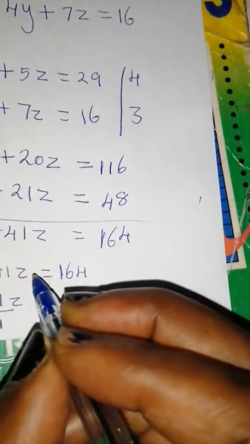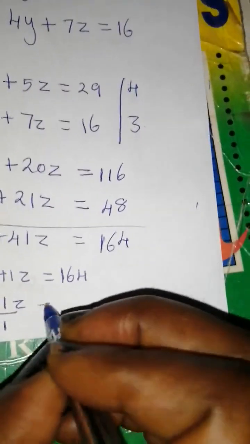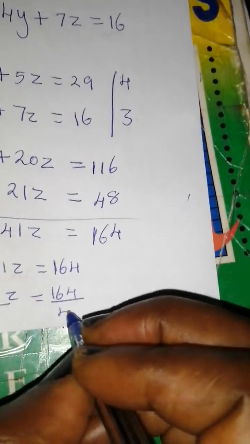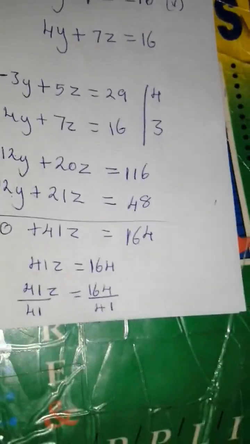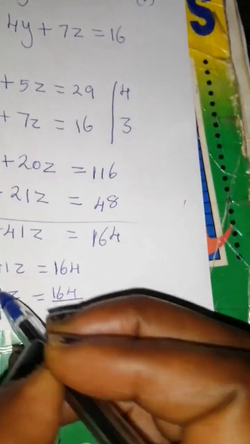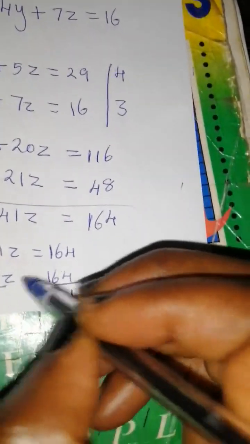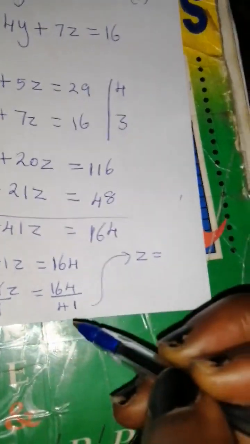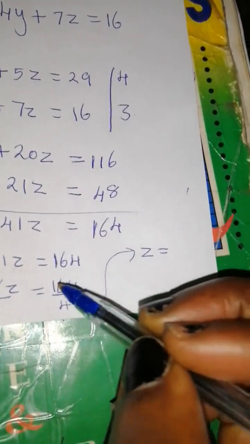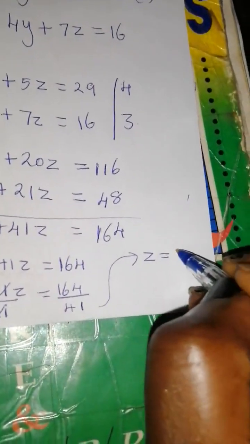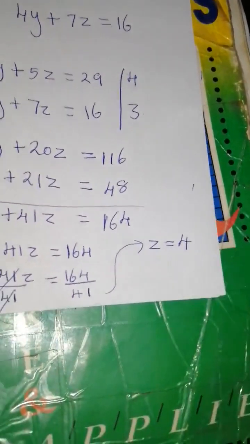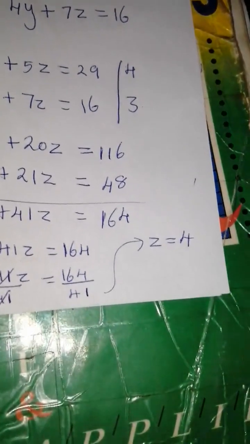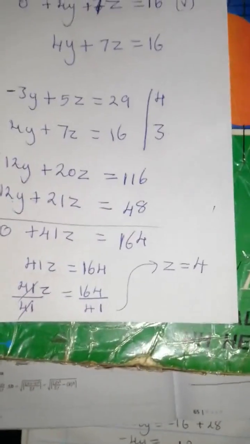Okay, so 41z divided by 41 equals 164 divided by 41. Okay, so 41 into 41 is 1. 1 times z will give me z equals 41 into 164 is 4. So the value of z is 4.